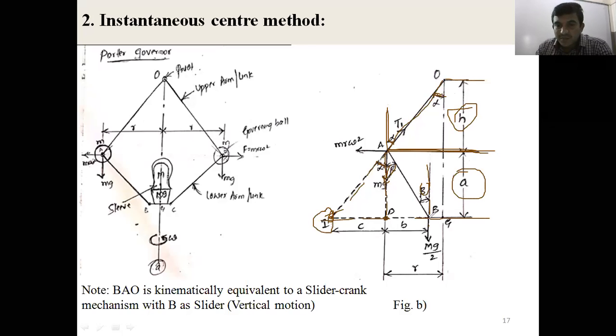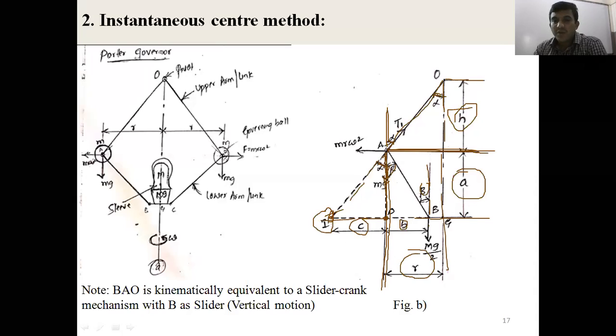Then the distance BD is called b, and the distance ID will be called c. Now the radius of rotation of the governor ball, from the governor shaft axis to the CG of the governor ball, will be called r.